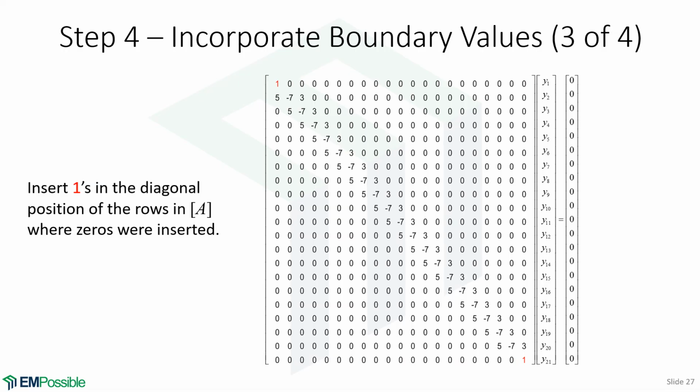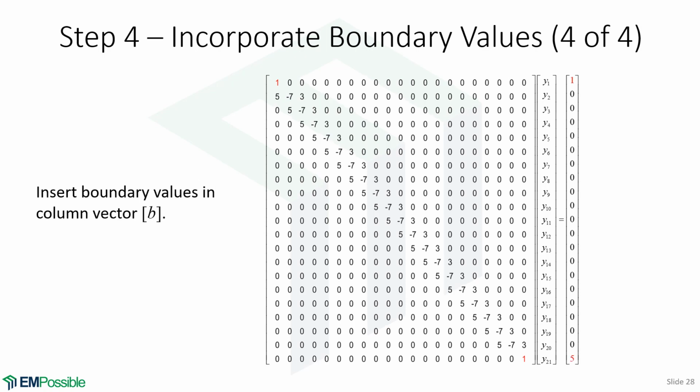Then we insert ones in the diagonal positions. So we no longer really have a finite difference equation at the first and last point. We've thrown that out and just put a 1 in the diagonal position. And then the very last thing is, over here in this B column vector, insert our boundary values. Doing that in MATLAB is very fast and very simple.